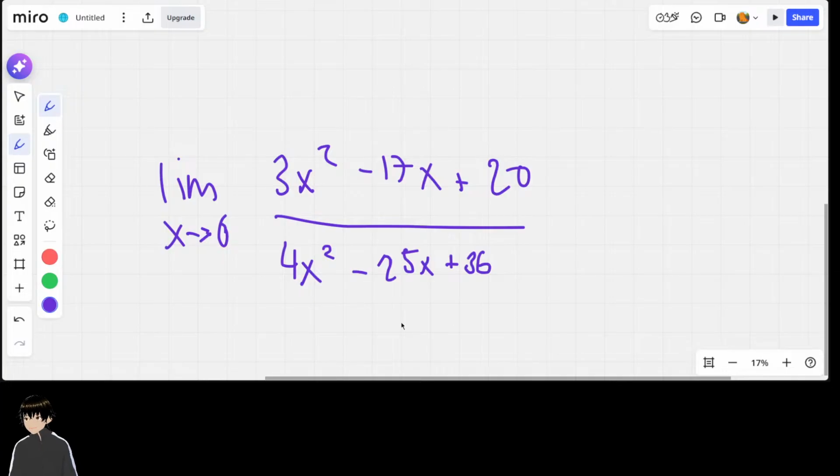I'll try to get a clue from Photomath. Let me just check that. What adds up to that?